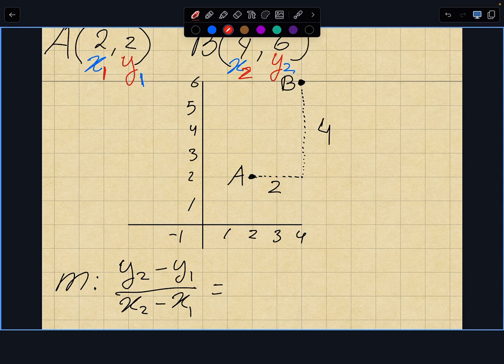And there you have your formula: y2 minus y1 divided by x2 minus x1. So, what does it become? 6 minus 2 divided by 4 minus 2. Answer.